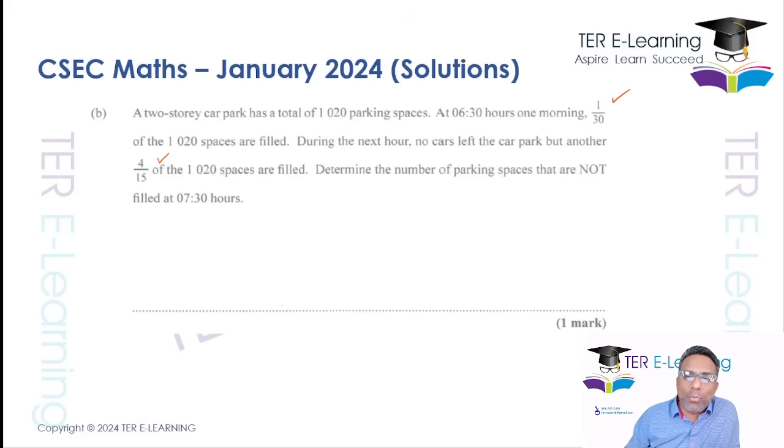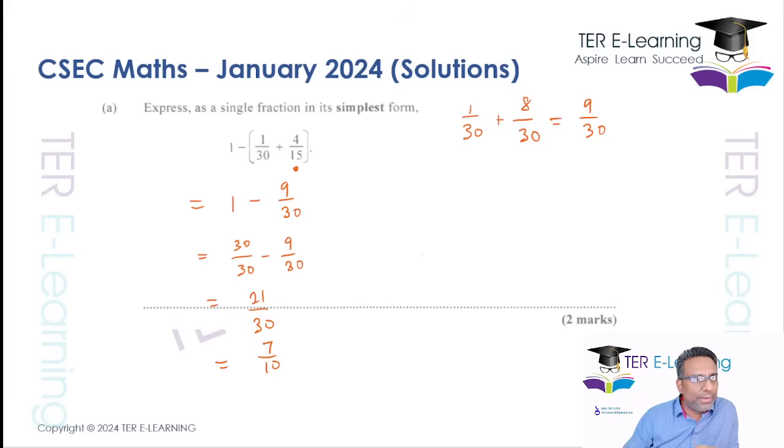Now, essentially what's happening here is this. We have 1 over 30. That's how much we would have filled initially. Then you would have filled 4 over 15. So that is what is filled in terms of a fraction. But the question says the number of parking spaces not filled. So therefore, what we have to do is find the fraction that is actually not filled, which is going to be this. Now, if you go back to the previous part of the question, you realize, wait a minute, that's exactly what we just worked out.